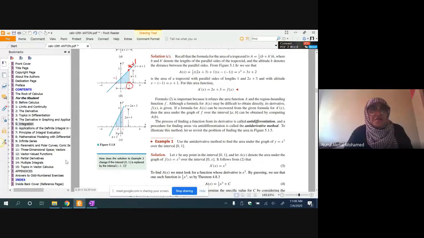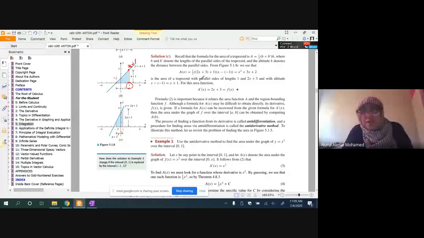The area of the trapezium will be 1/2 multiplied with the length of the base, which is x plus 1, and then you multiply with what? Here you have 2x plus 3.